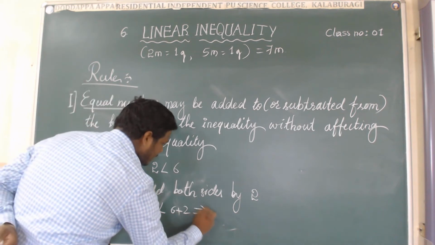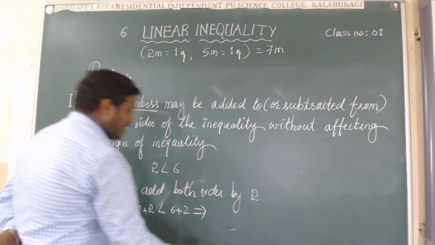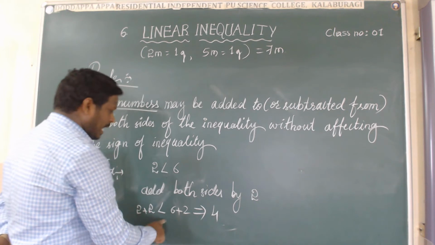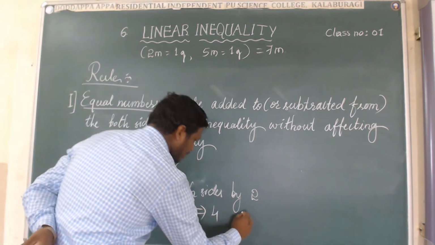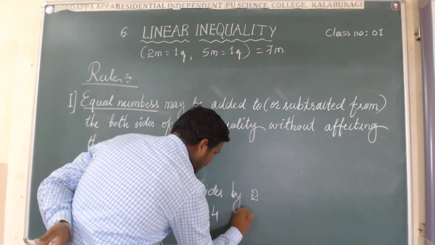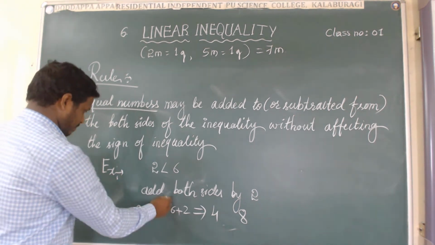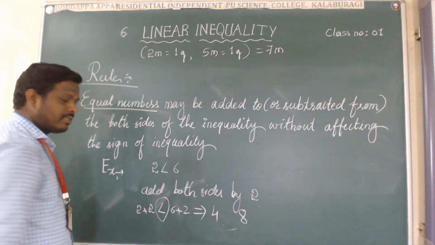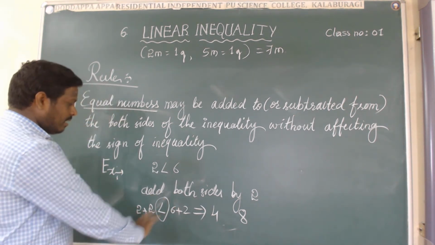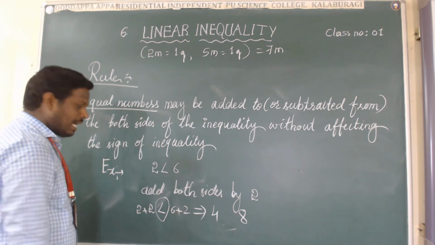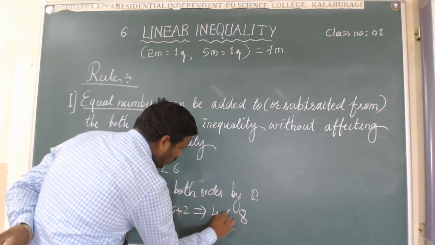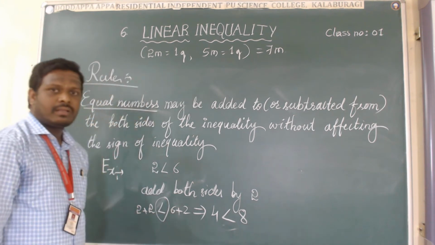This implies 2 plus 2 becomes 4, and 6 plus 2 becomes 8. See again, the sign is not changing here. There is no effect on the sign of inequality. The sign will remain the same.